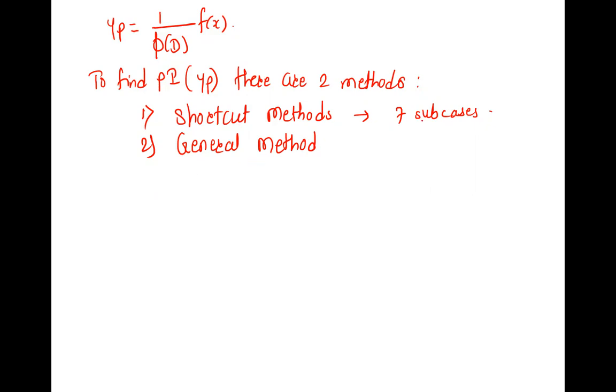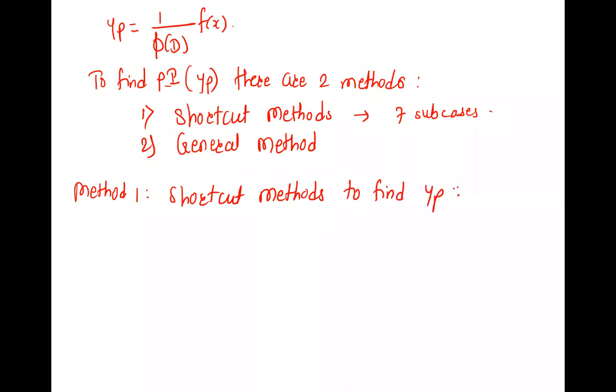So in shortcut method, there are 7 subtypes. So first we go to see the first method to find particular integral, that is shortcut methods to find YP.